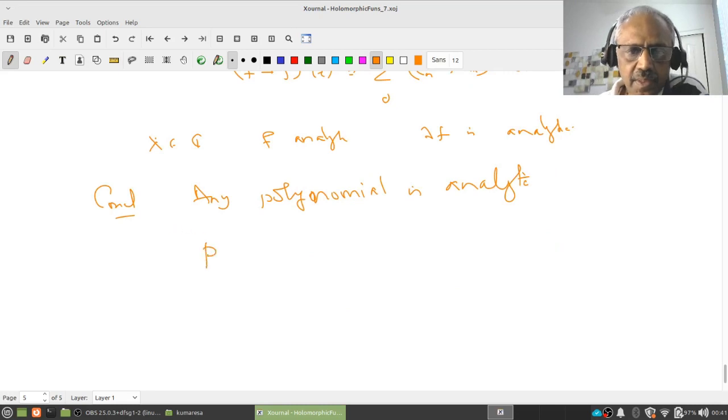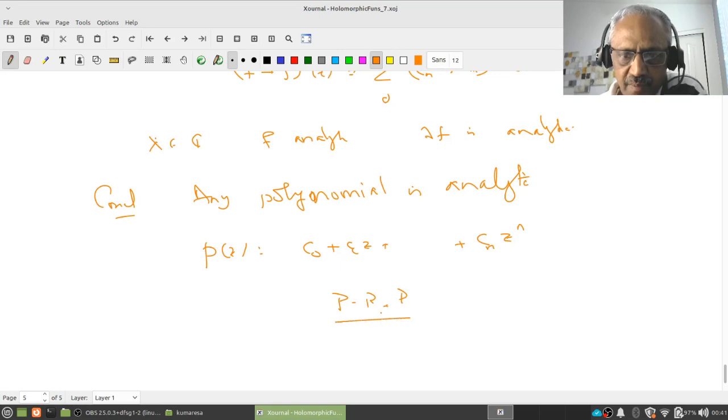What is a polynomial? A polynomial is of the form c0 plus c1 z plus up to cn z power n. Then I should be able to write it in powers of z minus a. What do you do? You write everything in powers of z, z power r as (z minus a plus a) power r, and apply that. So pause, review, proceed.